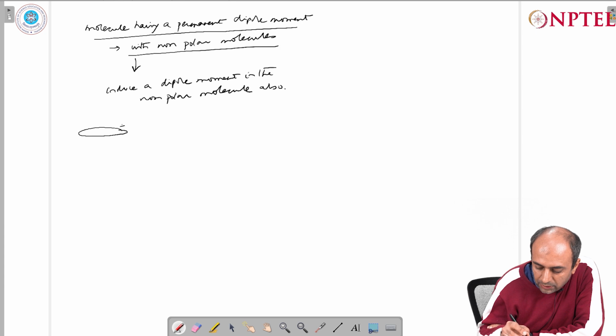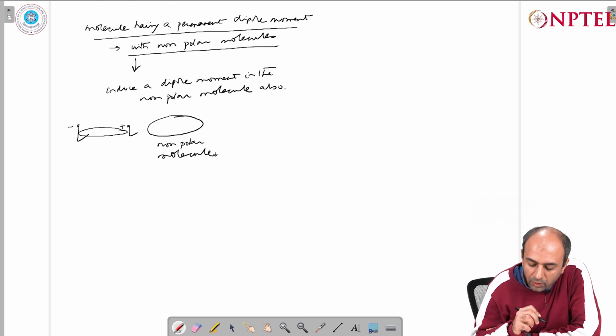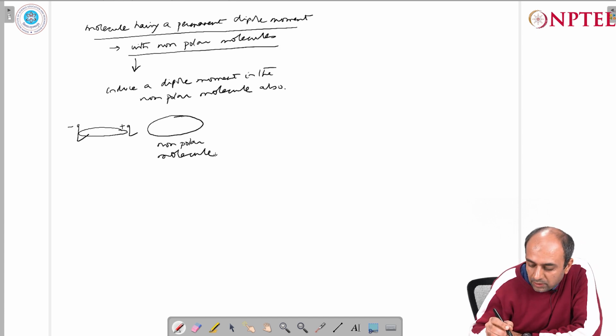So you have, say, plus q minus q. This is a molecule which has a permanent dipole moment, and you bring in its vicinity, for example, a non-polar molecule. Naturally it will polarize, depending upon the polarizability of the molecule, the electron density distribution.